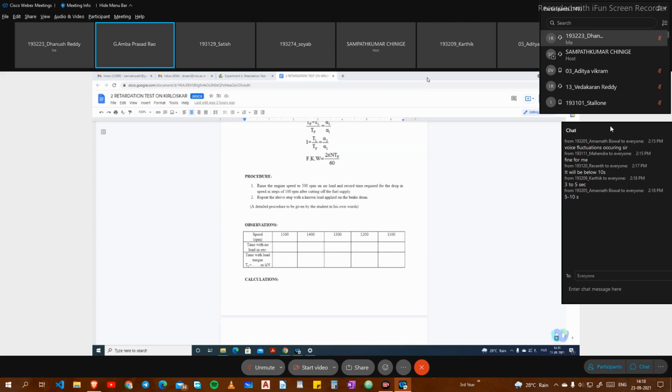Sir, Sampath garu. Sir, will you show the readings? Shall we run the engine? Yeah, once we run the engine. Okay. Our TS have joined.